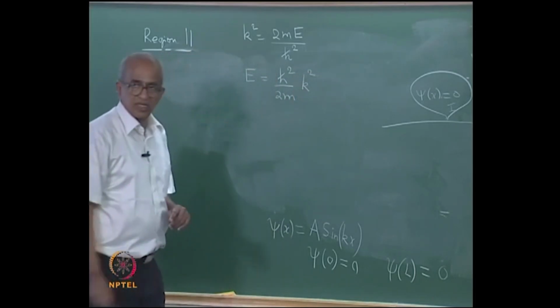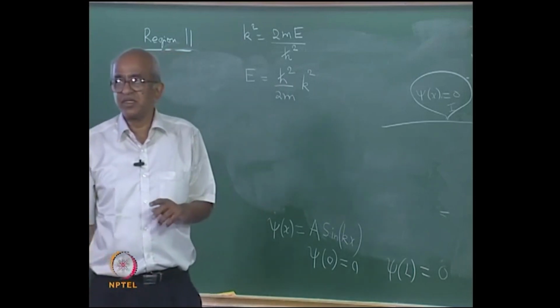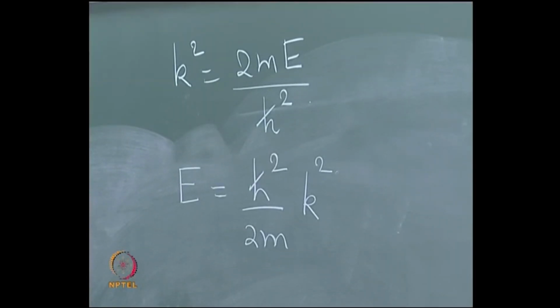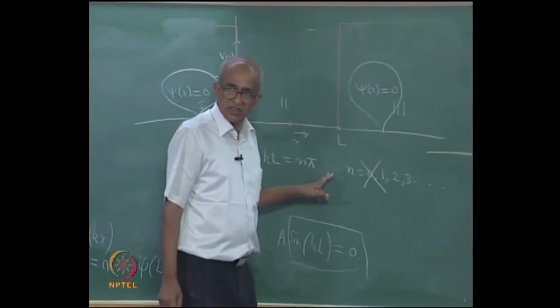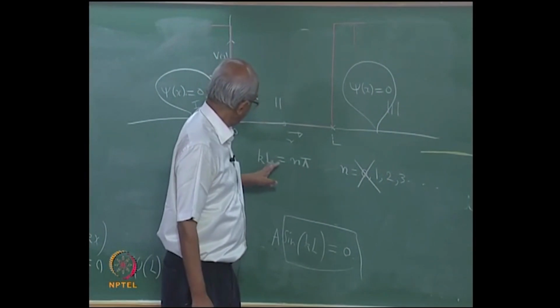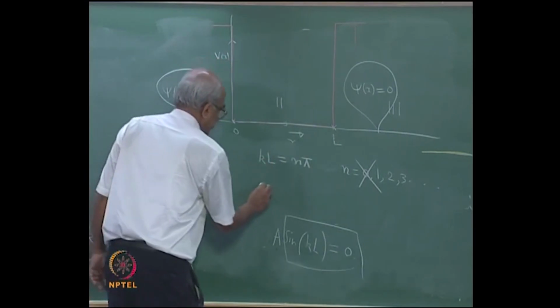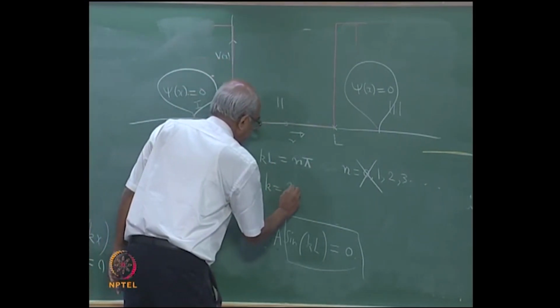This is the relationship between k and energy. But now you find that k is constrained. K has to be equal to n pi divided by L.